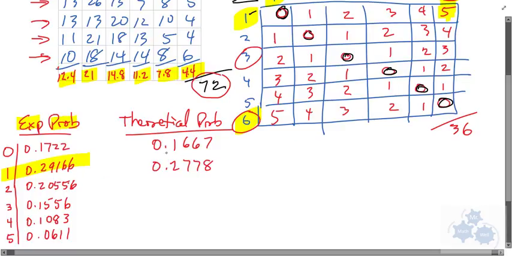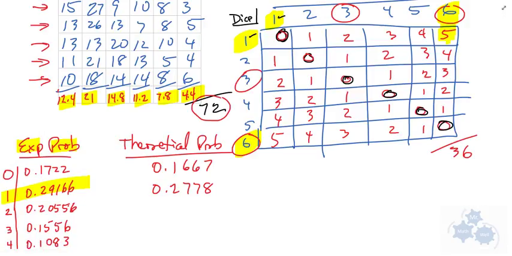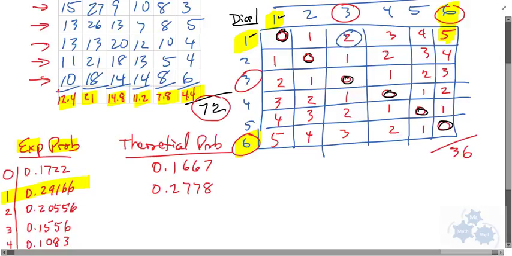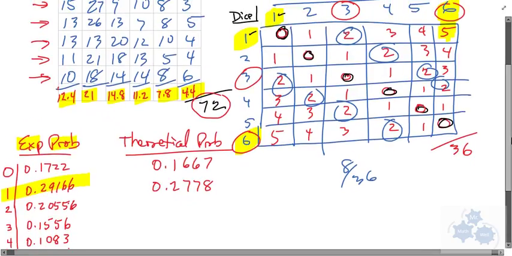Okay, and number 2, go ahead and shout it out. What is number 2? 1, 2, 3, 4, 5, 6, 7, 8. That's 8 out of 36. What's that as a decimal? 0.2222.